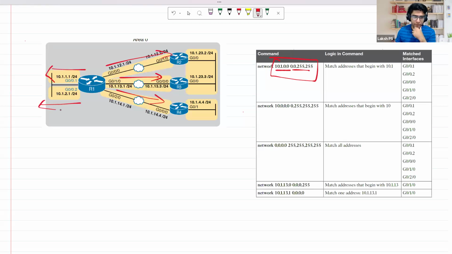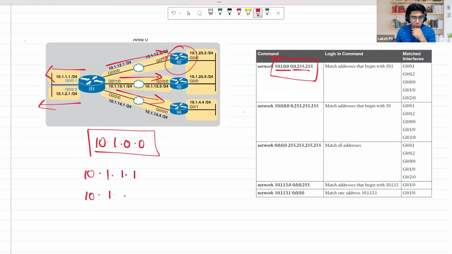So for this interface or this combination, OSPF messages are sent out of all the interfaces, and hence R2 will know about the 10.1.0.0 network, which involves the 10.1.1.1 network also, 10.1.2.1 also, 10.1.12.1, 10.1.13.1, and 10.1.14.1 network also.